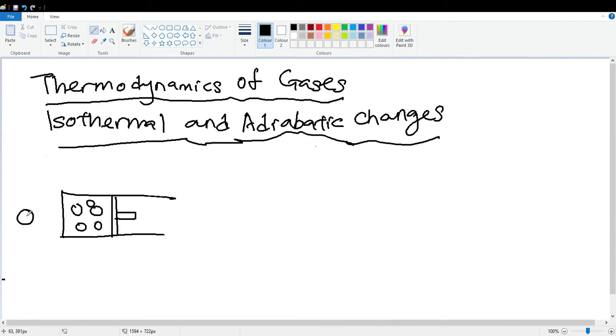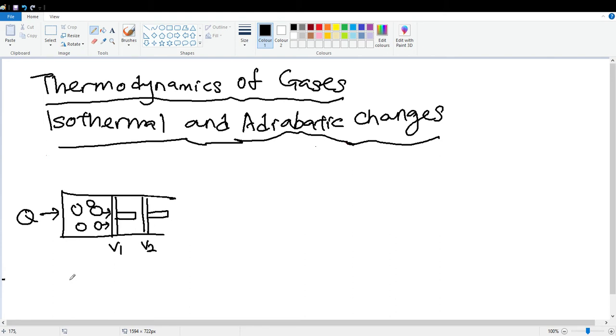Let's say I supply heat to this system. We know that the internal energy of the gas will increase. When the internal energy of the gas increases, it will collide with the wall of the piston, so finally the wall of the piston will move from the initial volume to the final volume.